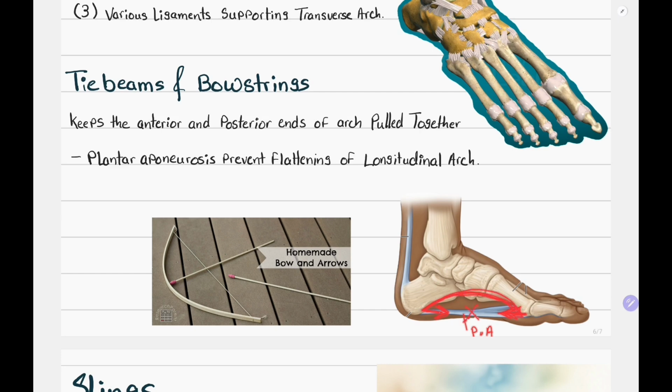If this plantar aponeurosis was damaged or cut, the anterior end would shift forward, the posterior end would shift backward. That could result in the flattening of the arch. So the big picture is the bowstrings or tie beams keep the anterior and posterior end of the arch pulled together.